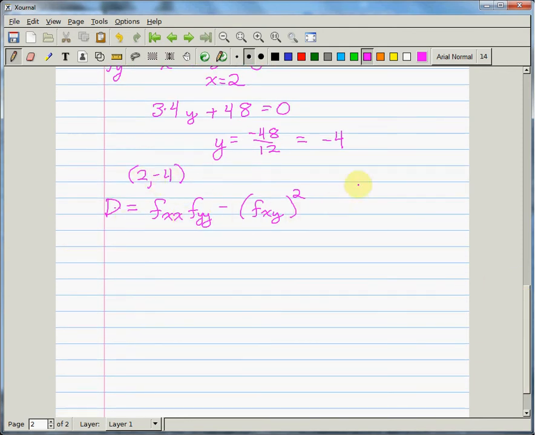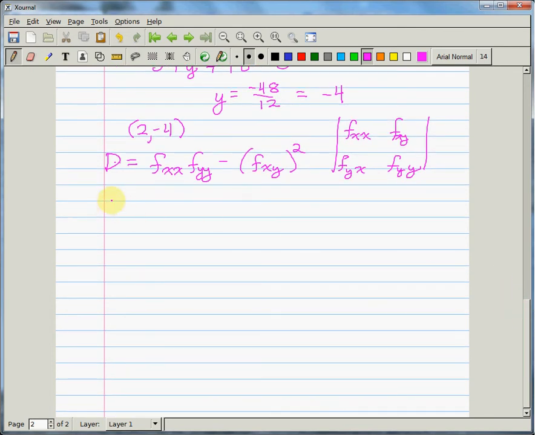If you forget this formula, you can recover it if you can remember this matrix, because it's just the discriminant of this matrix: fxx, fxy, fyx, fyy. So D is also the discriminant of this matrix. If you forget the formula, then using Clairaut's theorem for the equivalence of these two things, you can recover it.